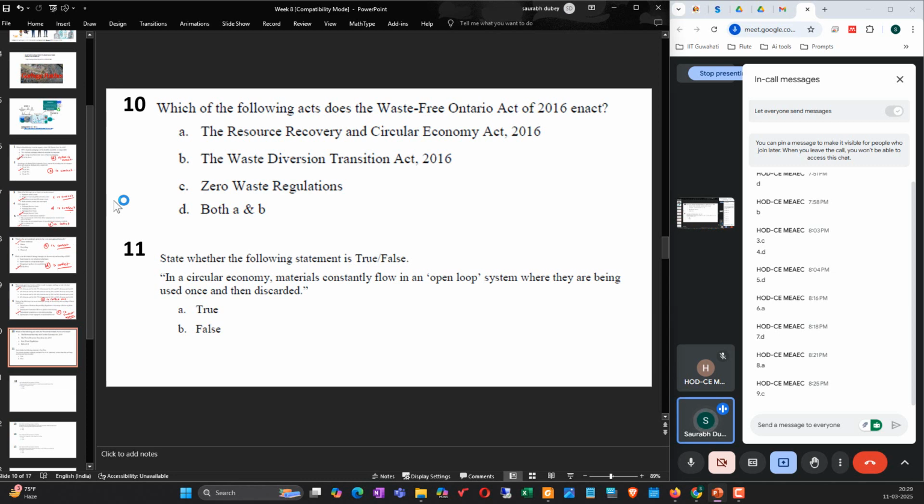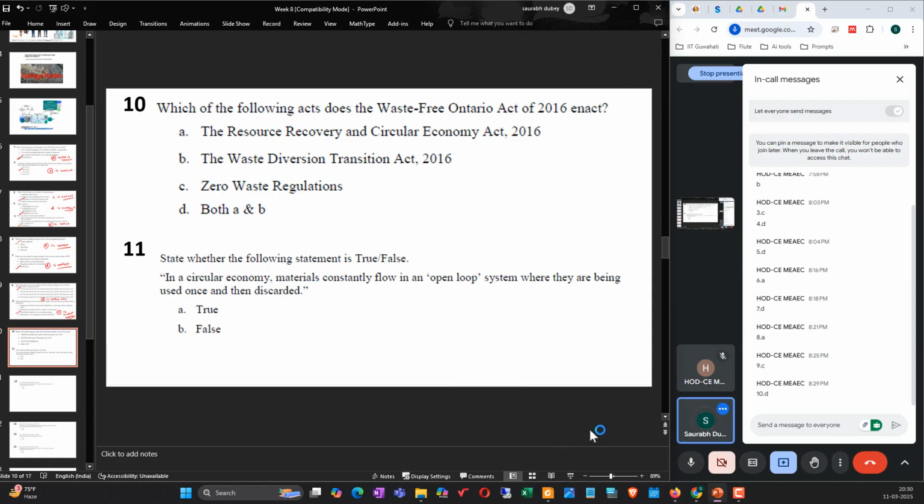Option C is the Zero Waste Regulation. And option D is both A and B. So 10th, D.